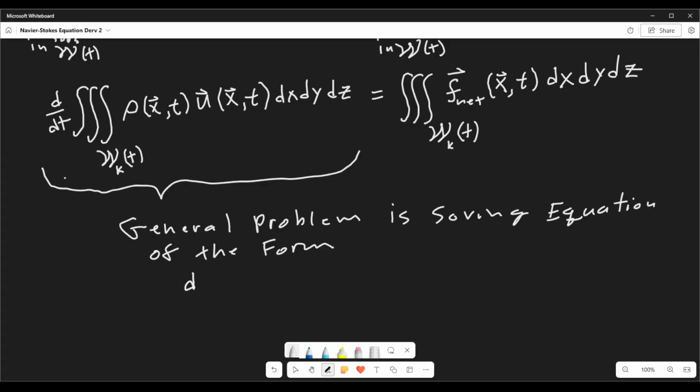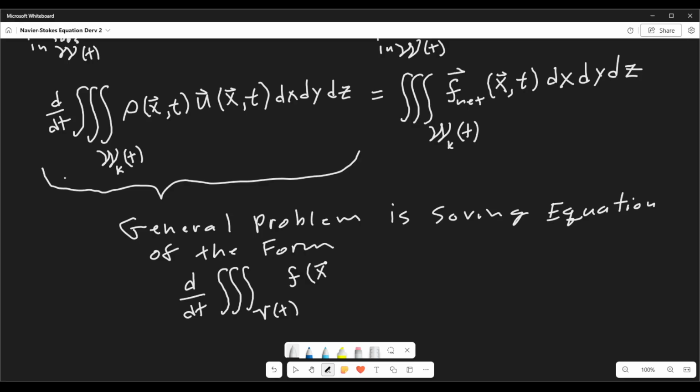which is basically d by dt, a volume integral over some volume that's time dependent, and then has an f. This is not the force f, this is just the generic f for function f.